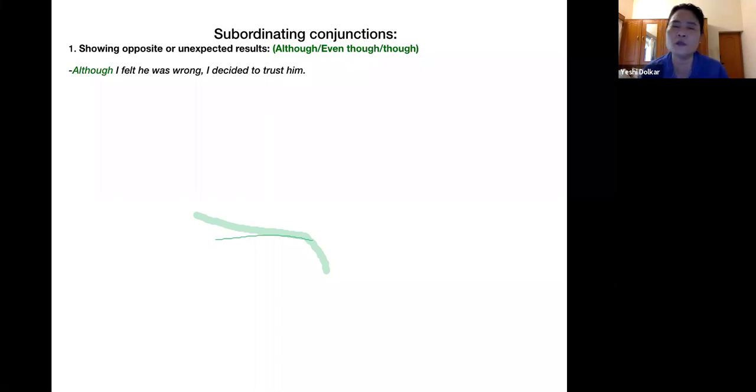They're actually opposites. It shows an unexpected result. So this is how you use although. It is a complex sentence. Although.